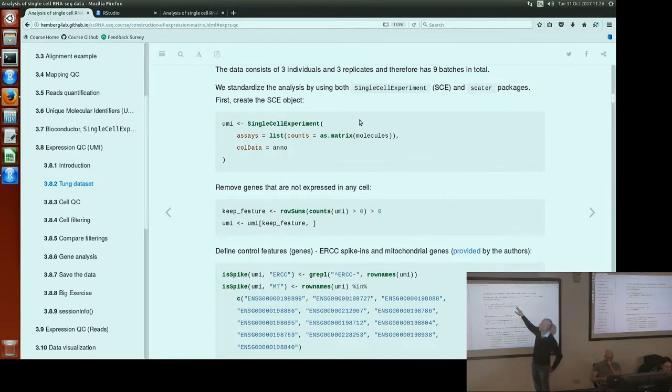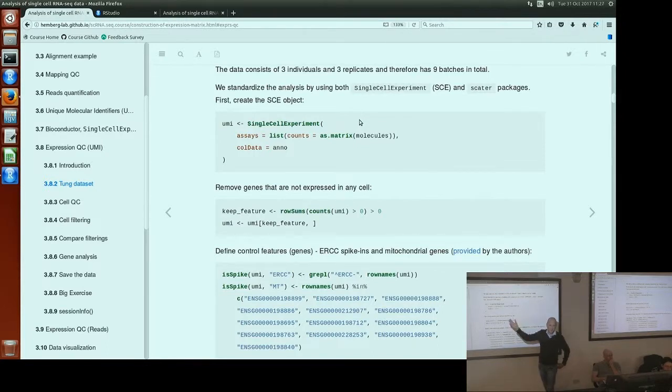All right, so UMI is the single cell experiment object, but inside of it you have a matrix of UMI counts from your experiment. That's why we call it UMI. But to my understanding from the introduction, the UMI would be like a particle. Okay, so the question is whether this UMI is the same as UMI that we had in the previous chapter. So the name is the same.